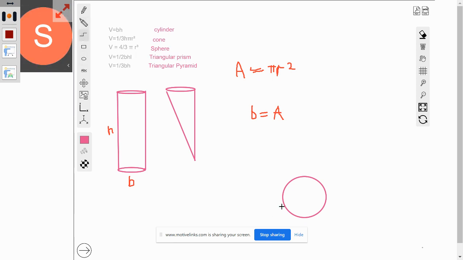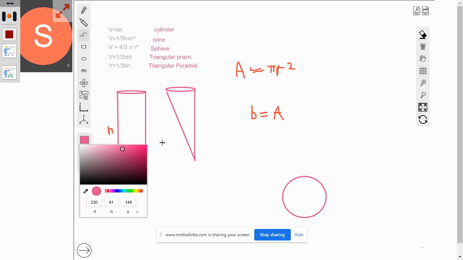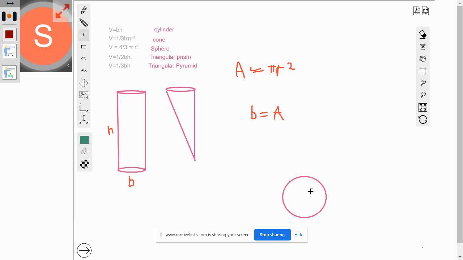So let's mark that. Let me choose a different color. So this is the diameter. Let's mark that as D. Now, half of the diameter equals R. So let's note this down.